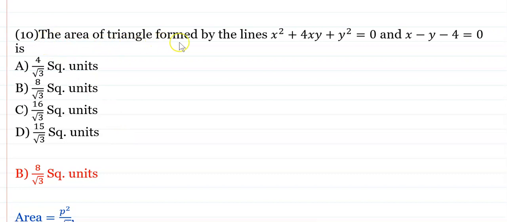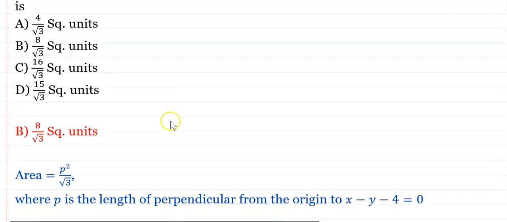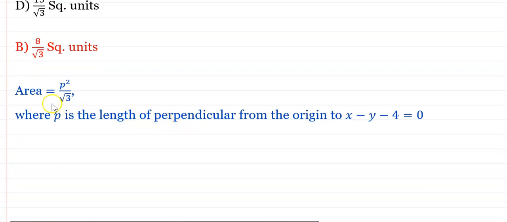The area of the triangle formed by the lines x square plus 4xy plus y square is equals to 0 and x minus y minus 4 is equals to 0 is. Okay. Now here is an important formula, that is, the area is equals to p square upon root 3, where p is the length of the perpendicular from origin to this line.